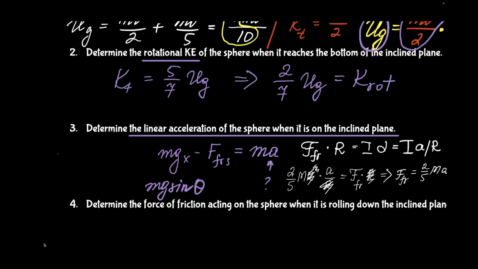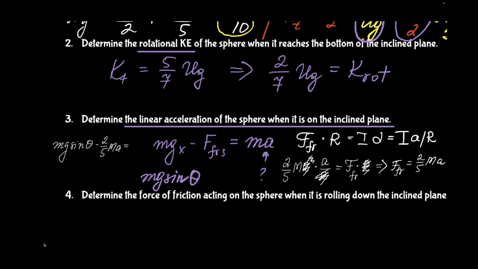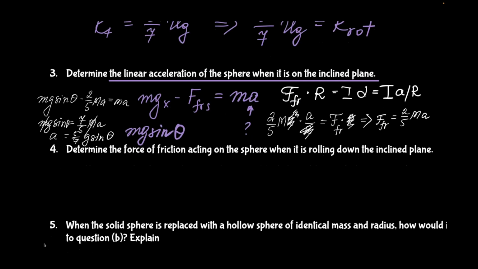Going back, mg sine of theta minus 2/5 ma should be equal to ma, from where mg sine equals 7/5 ma. M cancels, and then A is 5/7 of g sine of theta. Boom.